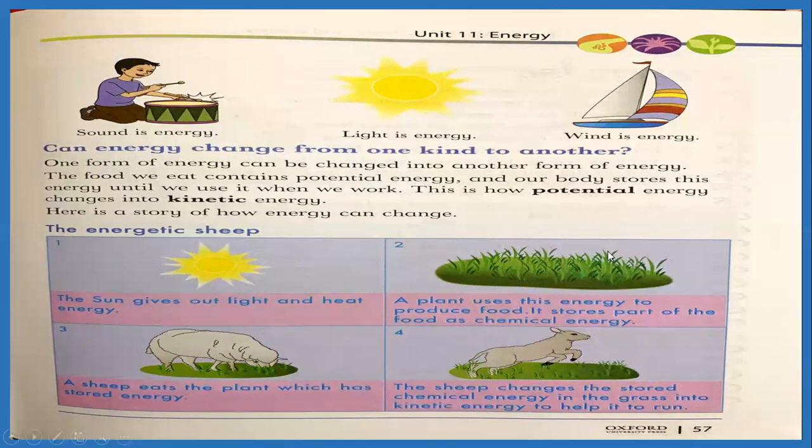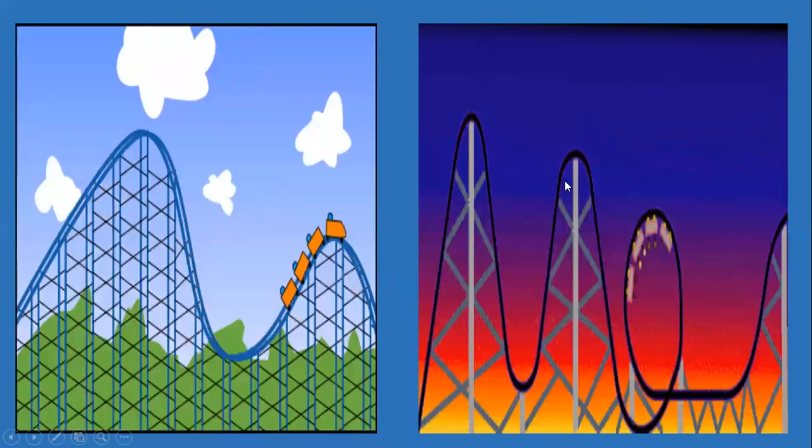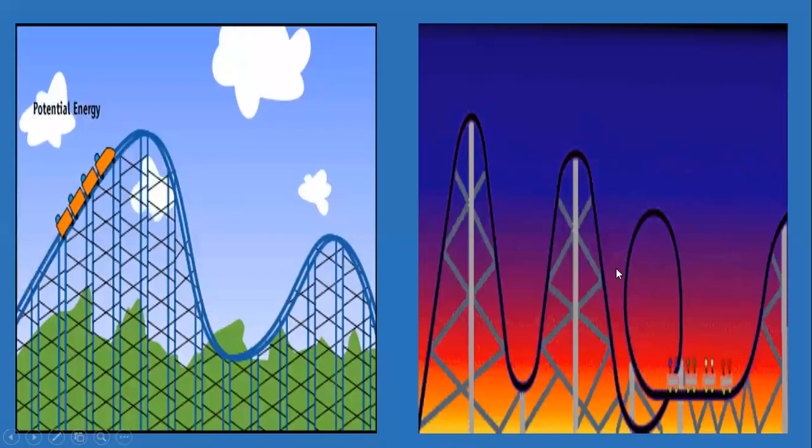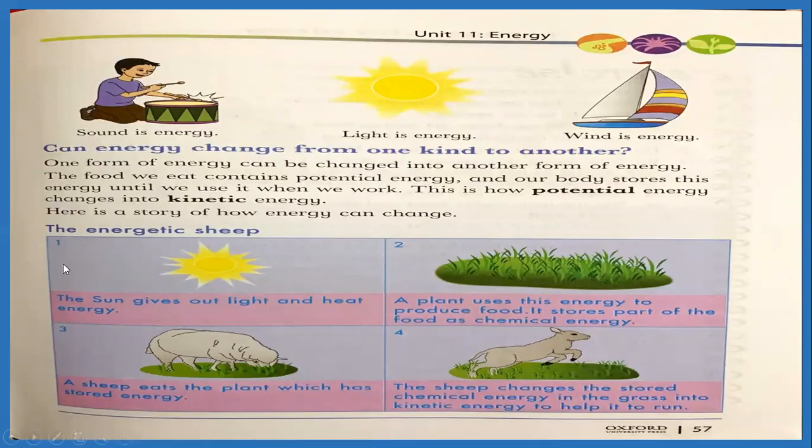As I told you, potential energy is continuously changing into kinetic. So it is understood that one form of energy can be changed into another. The food we eat contains potential energy, and our body stores this energy until we use it when we work. This is how potential energy changes into kinetic energy.